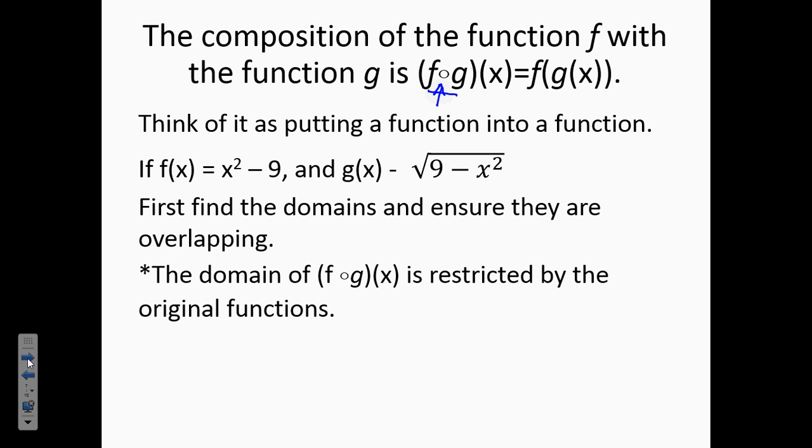So all this is saying is if I want to find f composed with g, I need to take g, it's supposed to be an equal sign, my fault, and I'm supposed to plug it into x, everywhere there is an x in f. But let's start with our domain.